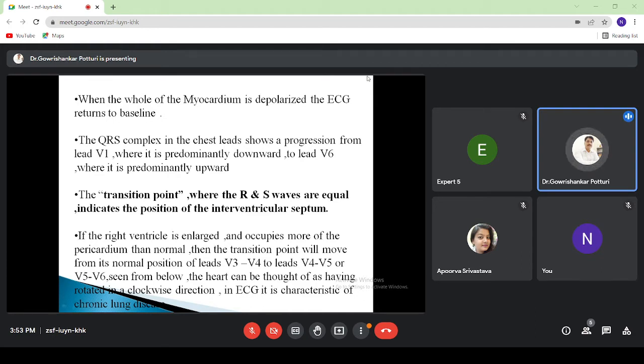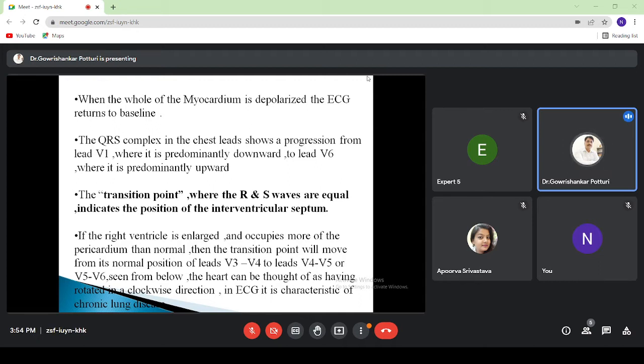Now, once you go towards V6, the size of the S wave will start decreasing and the size of the R wave will start increasing. And when it comes to lead V6, there is a dominant R wave and a very recessive S wave is seen. Now, there is a transition point where S wave and R wave are of equal sizes.